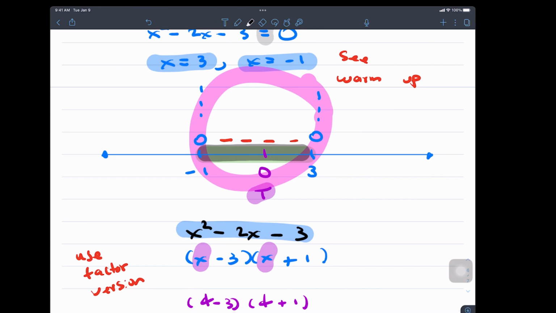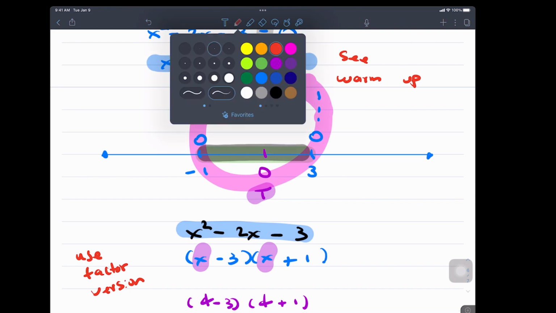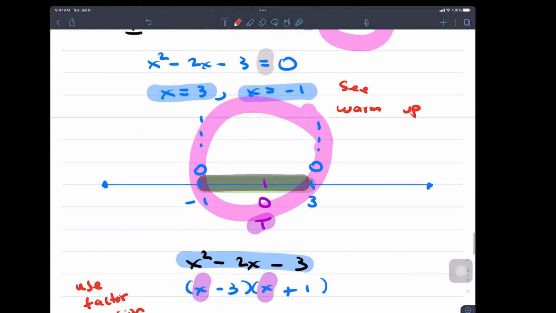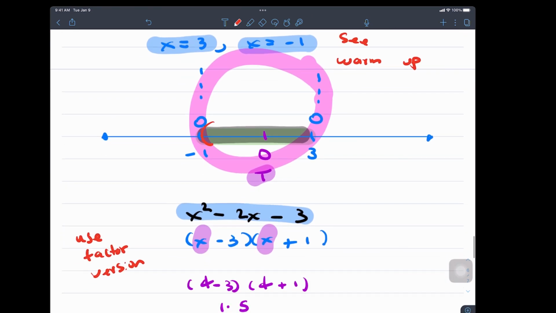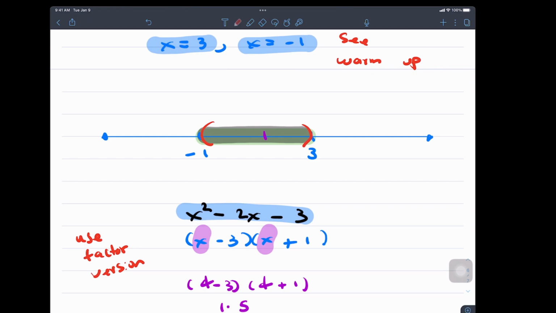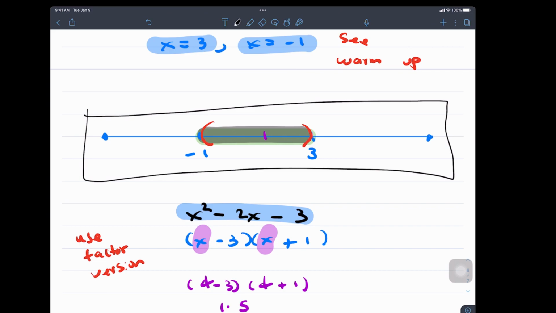Like a solid black, blue, I don't know. So these are numbers that are between -1 and +3. Okay, what do you guys have to do? Is that a strict inequality? Less than? So what do? Parentheses here. So you're going to shade region 2 with parentheses. Now this is your final answer.